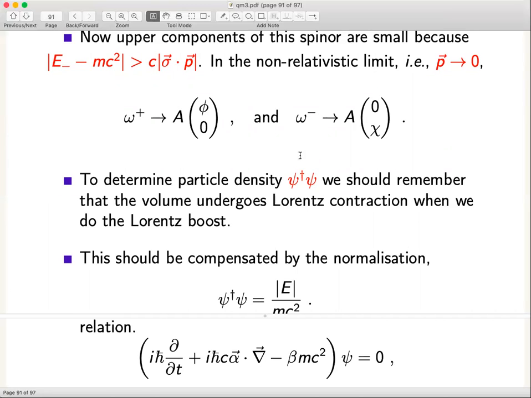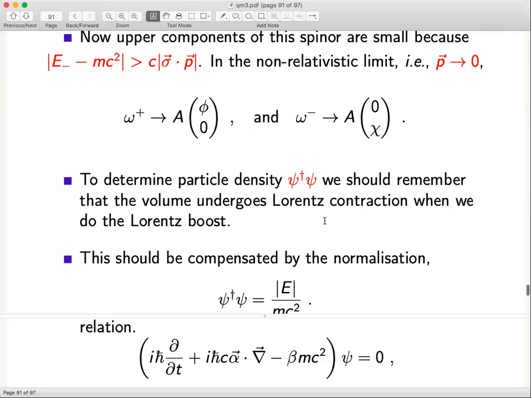Otherwise, psi dagger psi computed in one frame may not agree with psi dagger psi computed in another frame, even if you integrate over the entire space, simply because in the boosted frame, due to Lorentz contraction, the volume would change.